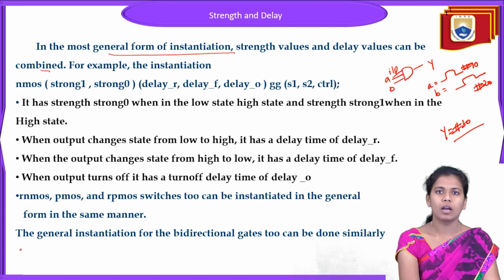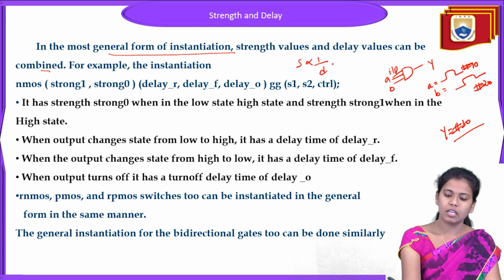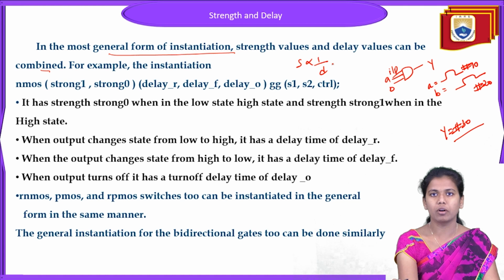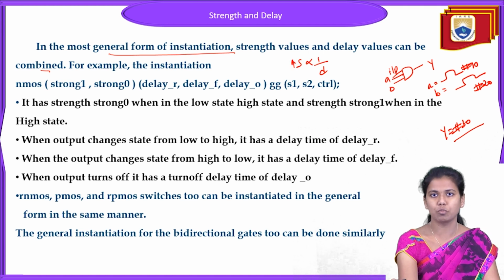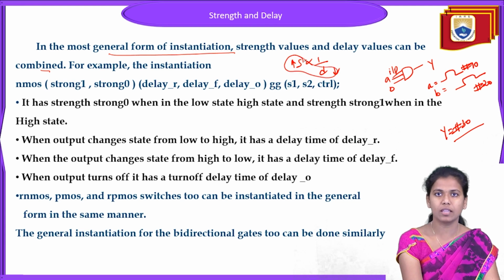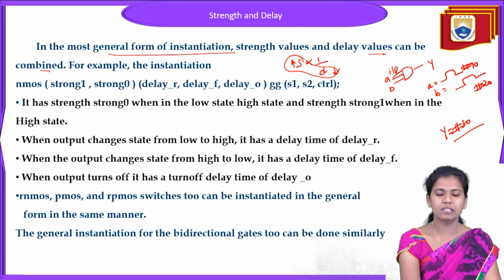They are inversely proportional, as in 1 upon D. If the signal strength is maximum, then the delay would be minimum. If the delay is maximum, then the signal strength would be minimum. So here we see a relationship between the strength and delay. These two terms are not different, so strength and delays can be combined.